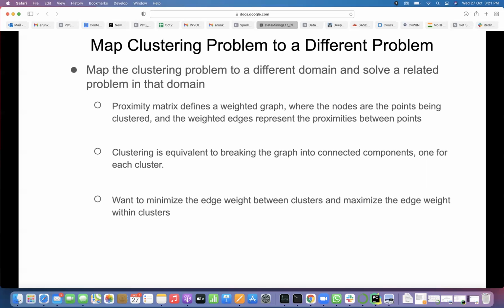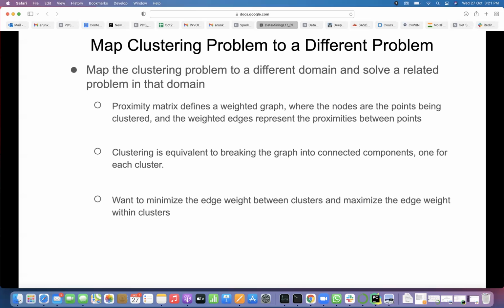So you convert your proximity matrix. Do you understand what a proximity matrix is? Distances between nodes, between pairs of points. If you have 10 points, then you get a 10 by 10 matrix of distances. That is nothing but your weighted edges.